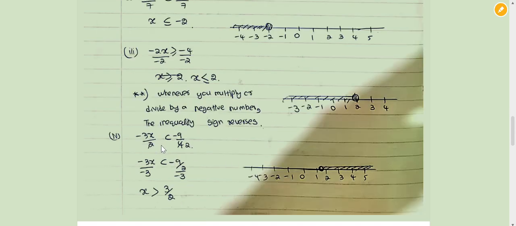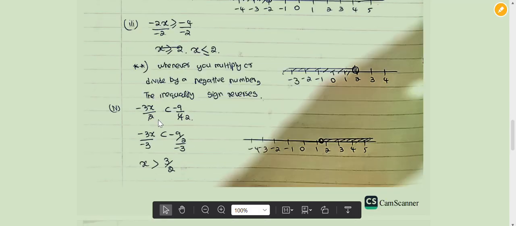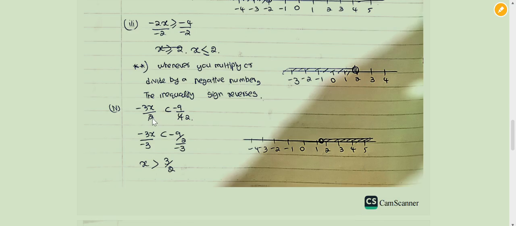Okay, for minus 3x divided by 2 less than minus 9 divided by 4. What do you do? Firstly, you can cancel this 2 and 4. Four has 2, and minus 3x is less than minus 9 divided by 2, and you now divide both sides by minus 3.